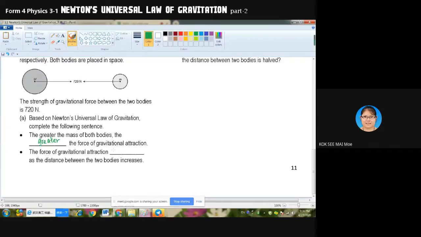Further and further, what do you think about the force? Less. I never asked about radius. If your radius is bigger, yes, gravitational force should be higher. But now they ask about distance between two bodies, so your answer becomes less.